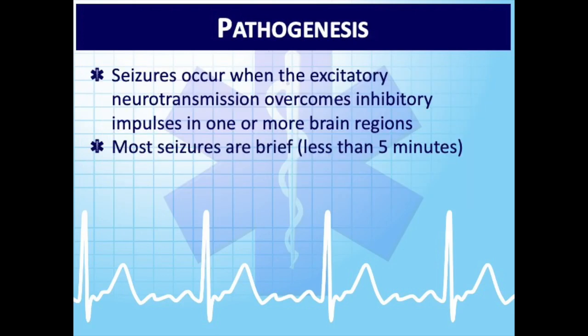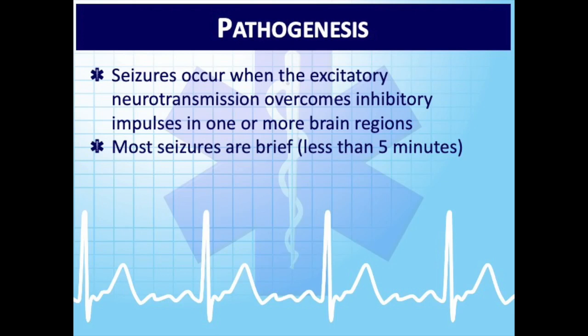So usually what's causing seizures is that somewhere in the brain there are excitatory impulses going off. Normally there are inhibitory impulses that can suppress these excitatory causes.